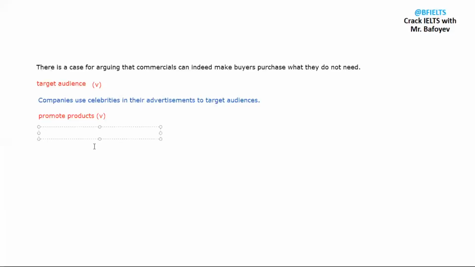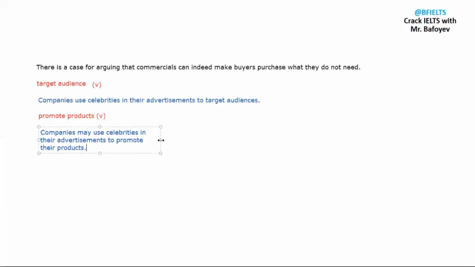So the same sentence can basically be used like: companies may use celebrities in their advertisements, again, to promote their products.